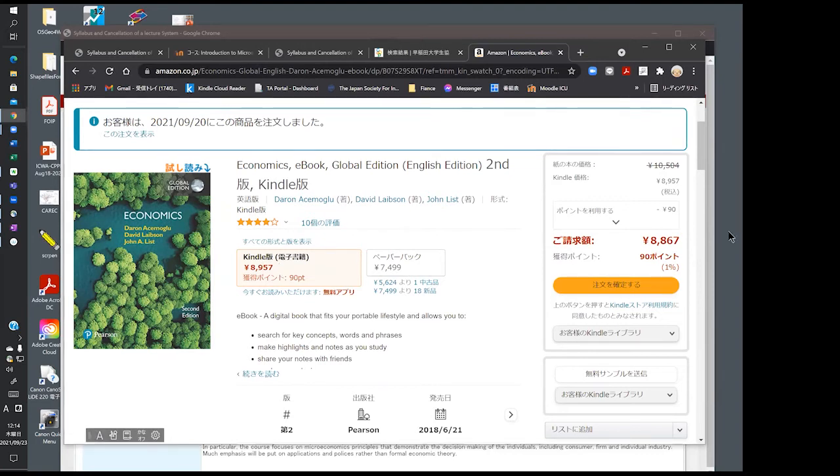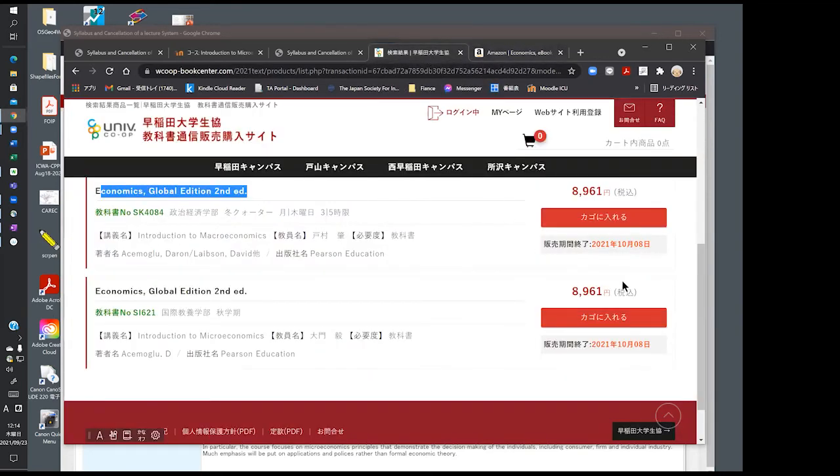If you have comments or questions or concerns, I welcome your questions. But let me finish the textbook issue. So in summary, as a professor of Waseda, I recommend you go to the Waseda University Co-op.